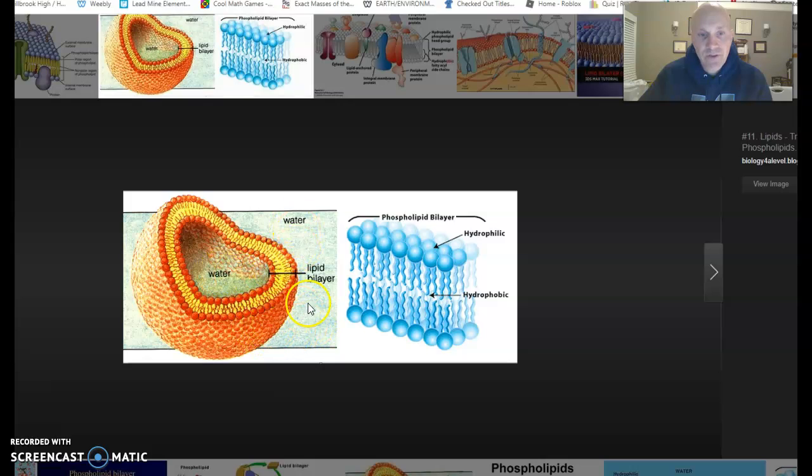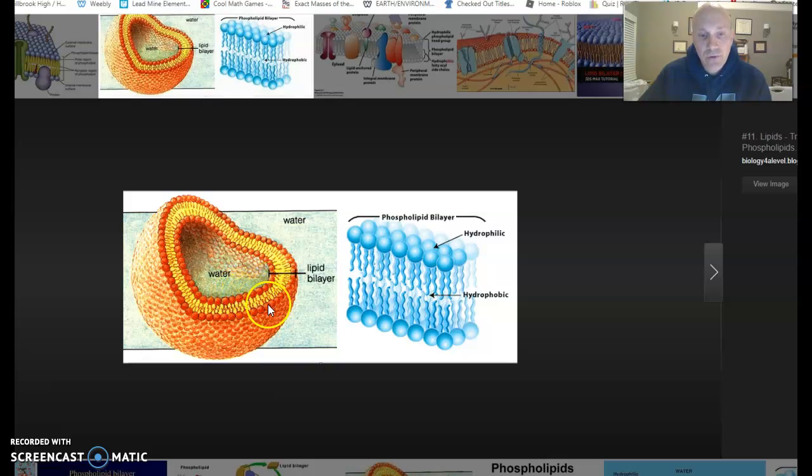Remember, if you take a look at this right here, all those fatty acid chains are sandwiched in the middle of what they call a phospholipid bilayer. All right, the reason they call it a phospholipid bilayer is that there's two layers of the phospholipids. There's an outside layer here, then there's an inside layer.